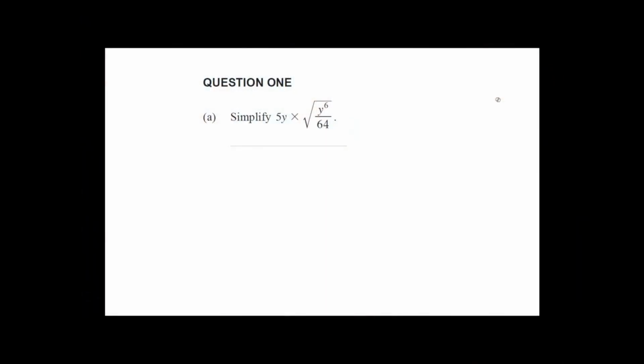All right, first up, question 1. Simplify 5y times the square root of y to the power of 6 over 64. So, good start to the exam. The radical sign here, remember, the square root of x is the same as x to the power of a half. And when we take the square root of, say, x over y, that's going to be the square root of x over the square root of y.